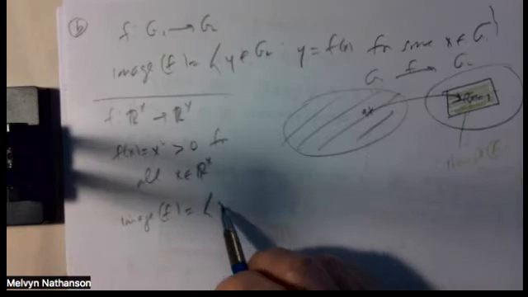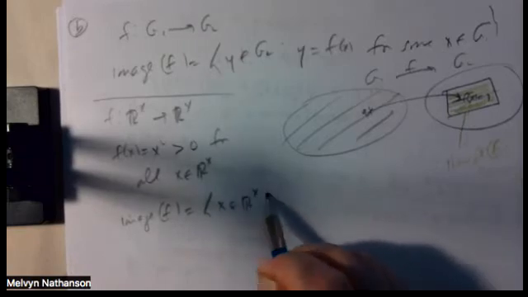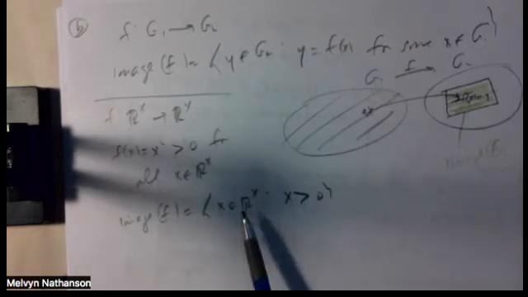And every positive number has a square root. So the image of f is the set of all x in R star that are strictly positive. So the positive real numbers form a subgroup of the multiplicative group of all non-zero real numbers. But that's the image.